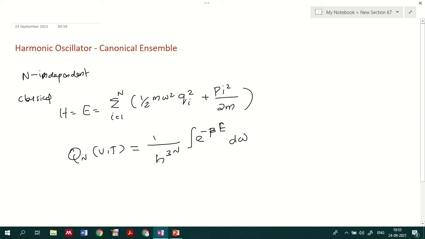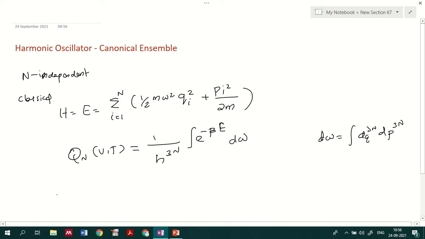When d omega by h raised to 3n is there, it represents the number of distinct states. Okay, so whenever you represent a partition function, it is the overall number of energy states. And we also know what d omega is, that is integral dq raised to 3n and dp raised to 3n.